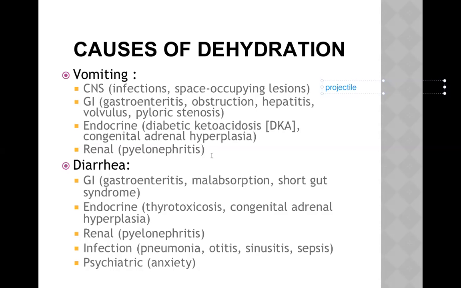From the renal causes, UTI, pyelonephritis. Now, what is pyelonephritis? Yes? Infection of urinary tract. Okay, good. This is inflammation and infection of renal parenchyma. This is how you have to answer. This is a very safe answer. Renal parenchyma.